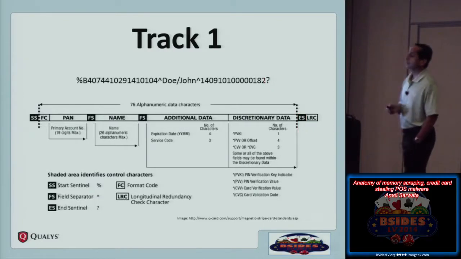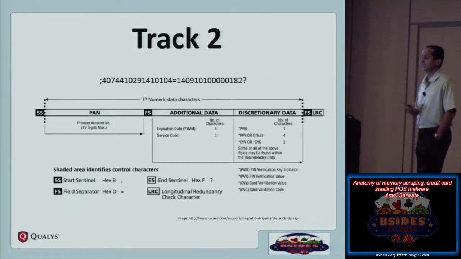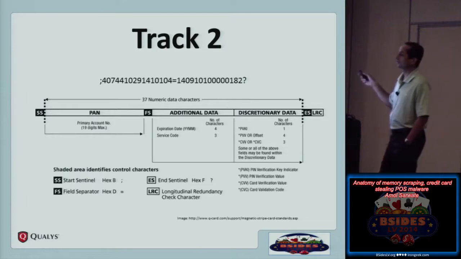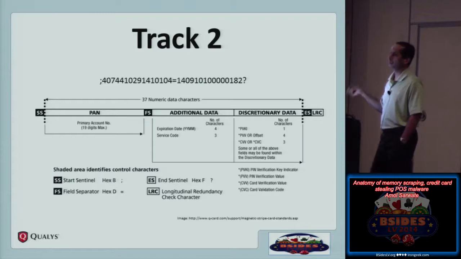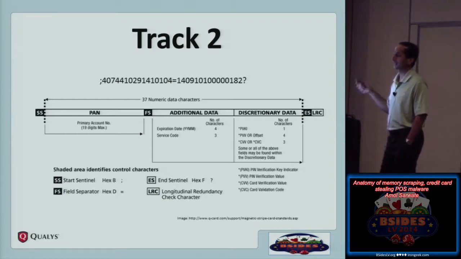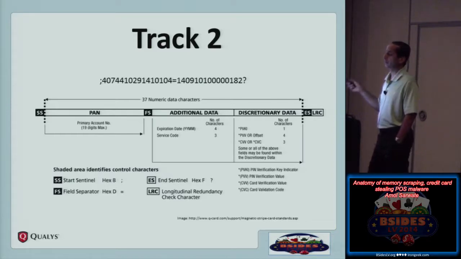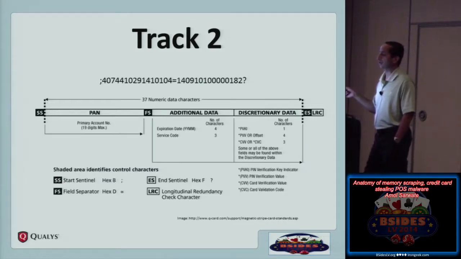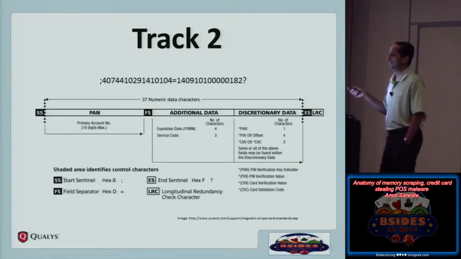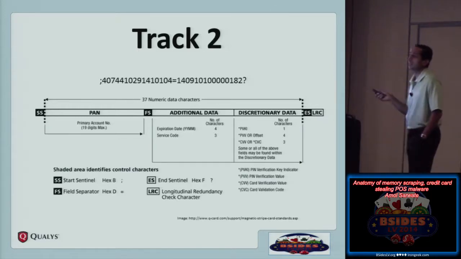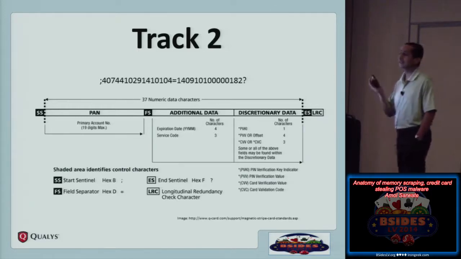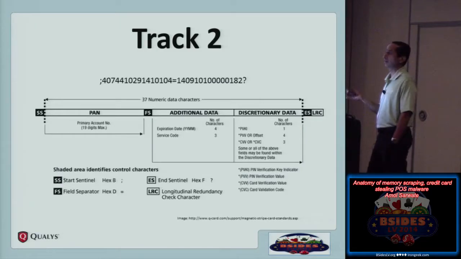Track 2 data is on the next slide. Again, I won't go into too much detail, but it's very similar, except that since it cannot store alphanumeric characters, it doesn't have the name. It just has the primary account number and your additional data, which has your expiry date, service code, and CVV. So technically speaking, as far as I know, either track 1 or track 2 data can authorize a transaction.